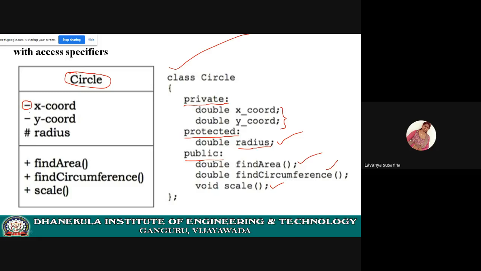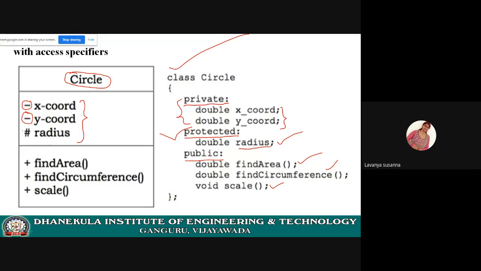Minus represents private. Here you need to represent only attributes. What are the variables of the class? X coordinate, Y coordinate, and radius are the variables. So minus represents private. Again, minus Y coordinate. See here, these are private, right? See the class, you will understand. Next, radius. Radius is declared as protected, right?